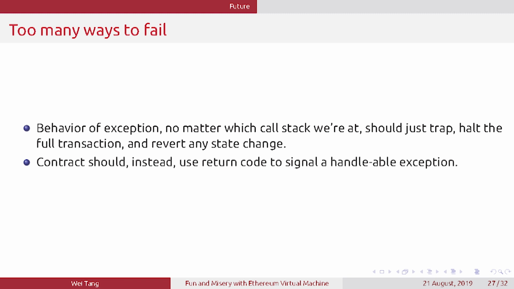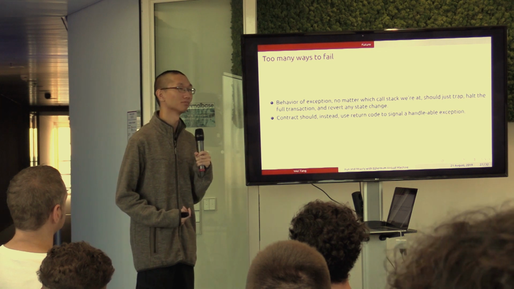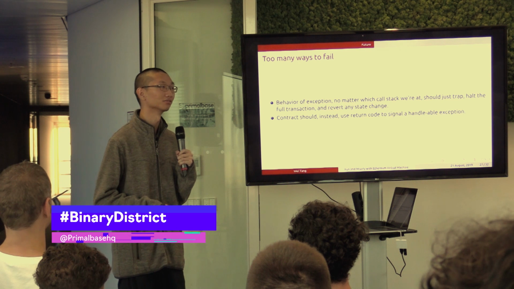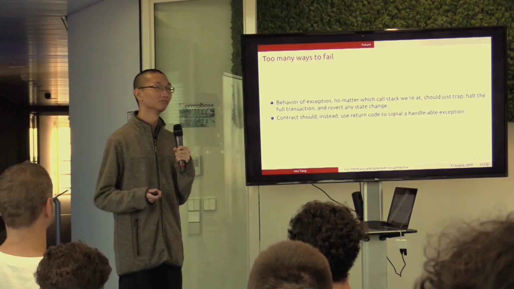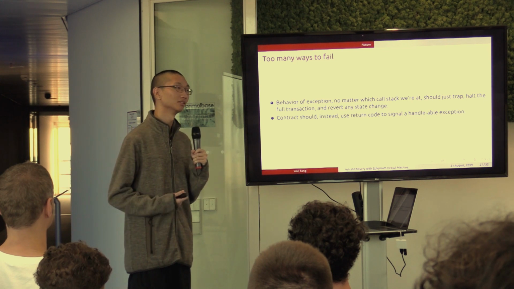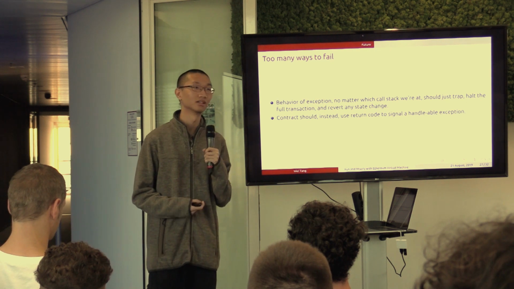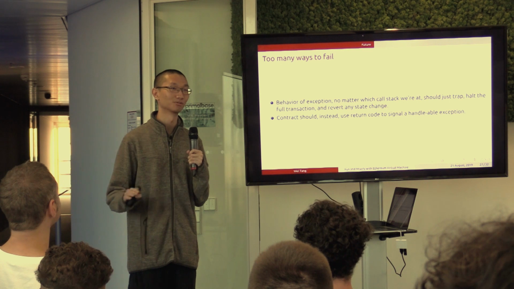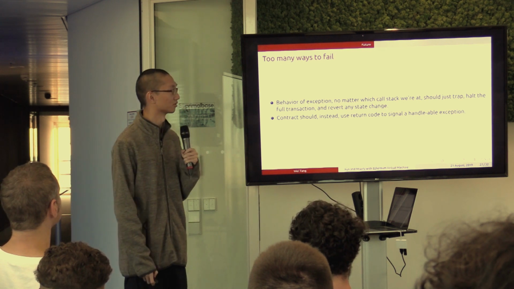So maybe we can change the out-of-gas exception in the EVM to be a trap. That is, it should halt the full transaction and revert any state change. And then for usability, some contracts should use return code to signal whether non-fatal operations succeeded or failed.